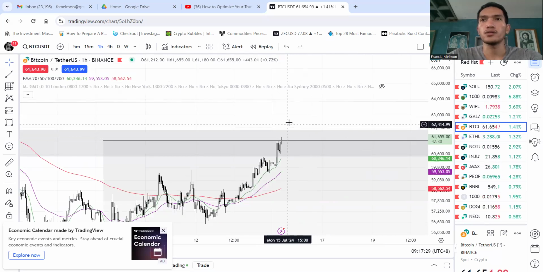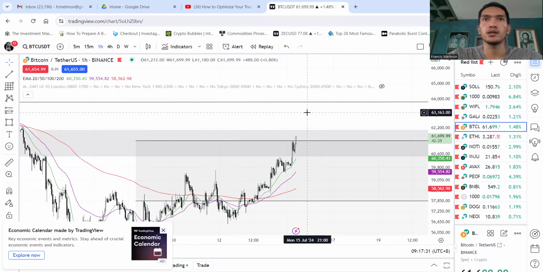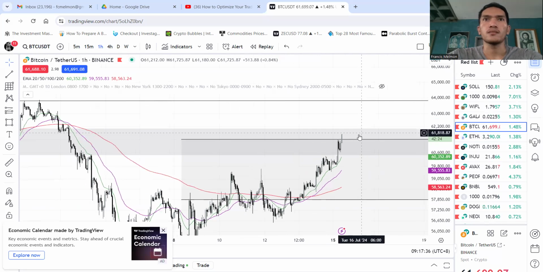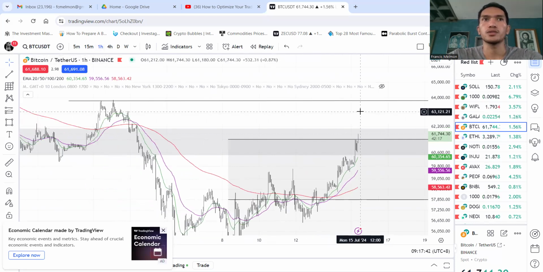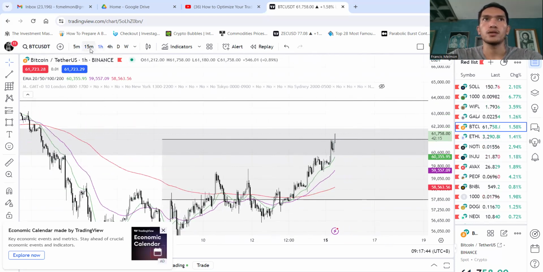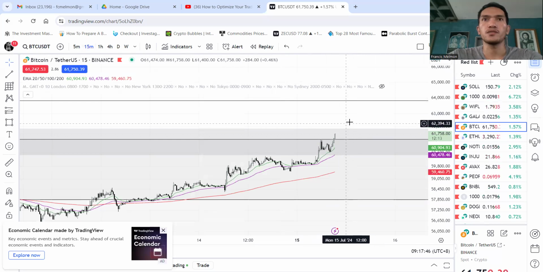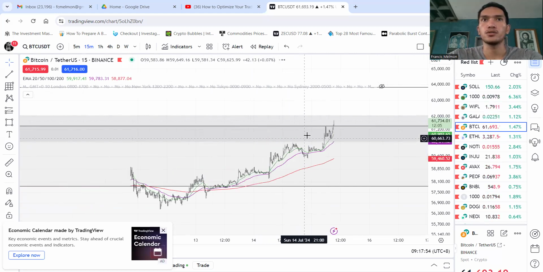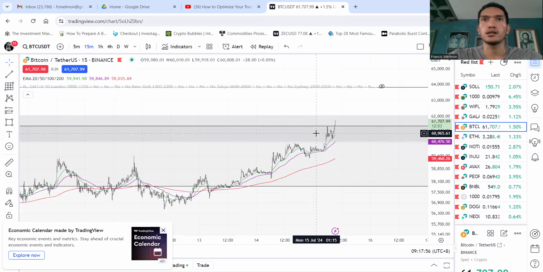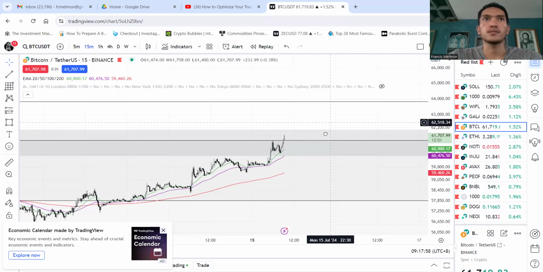So this will be around 9 a.m. to 10 a.m. or up to 11 a.m. I could base my entries on the hourly candle close. Okay. I could go down to 15 minutes if maybe there is a much clearer structure that I could base my decision on, or on where I will be taking those trades.